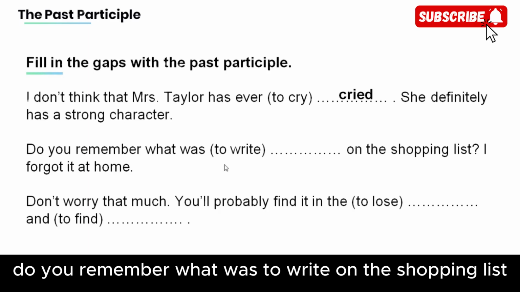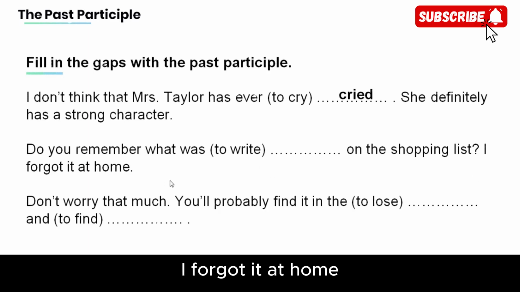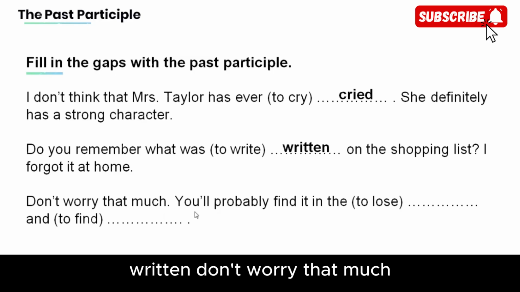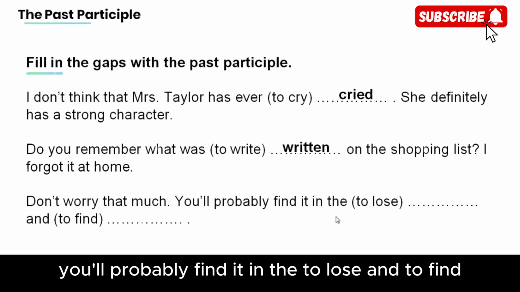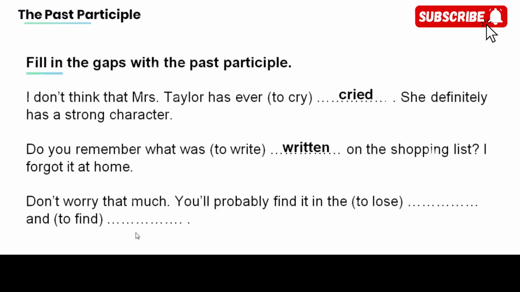Do you remember what was to write on the shopping list? I forgot it at home. Written. Don't worry that much. You'll probably find it in the to lose and to find. Lost and found.